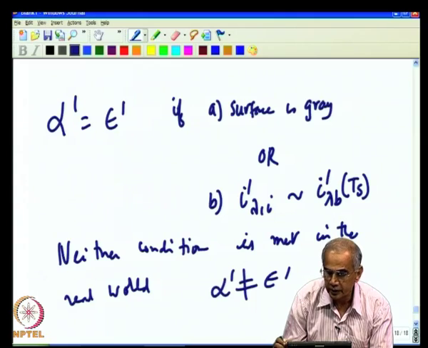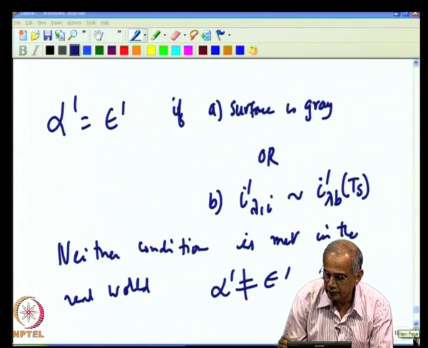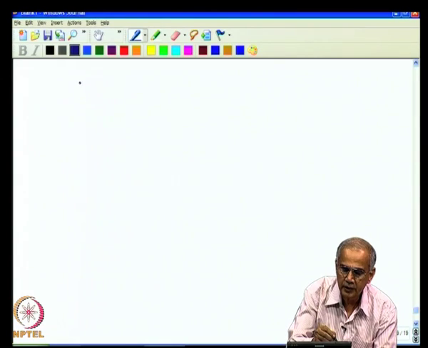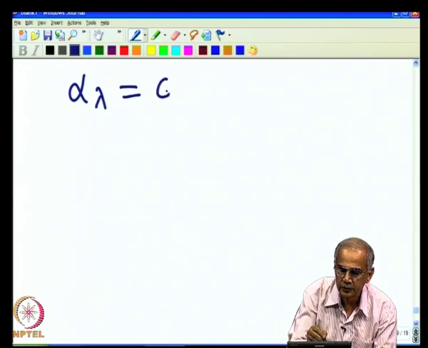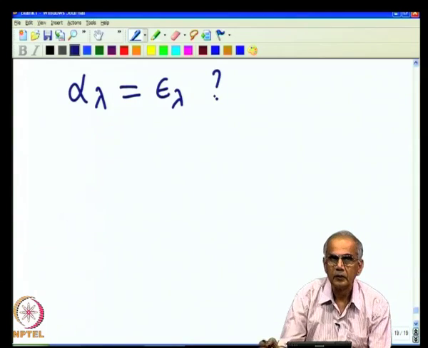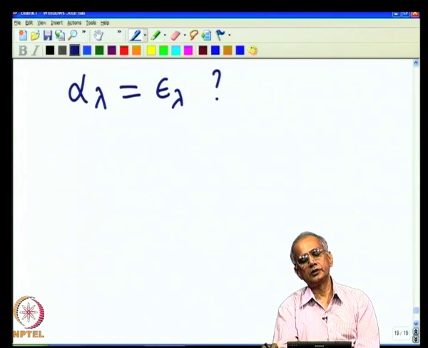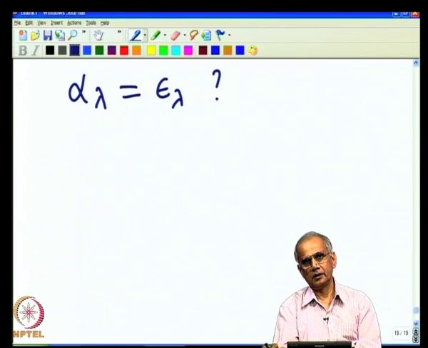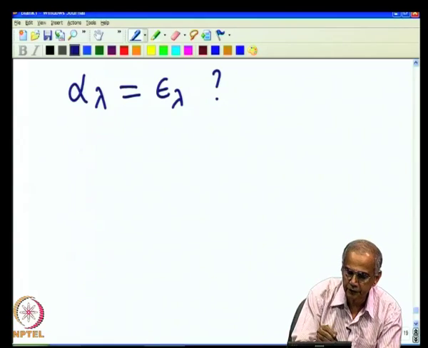Suppose instead of integrating over wavelength, you integrate over angle. Let us ask, when is the hemispherical spectral emissivity equal to the hemispherical spectral absorptivity? To do that, once more we go from basic definitions.